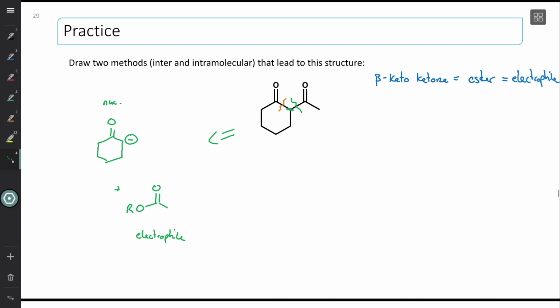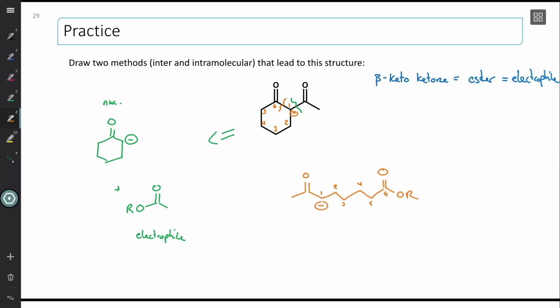If we're breaking here, this is our nucleophile here. Let's try drawing that. So on one side, it's the methyl group, and on the other side, it's the nucleophile that was there. But now, from here, 1, 2, 3, 4, 5, 6, we have to go, this is still attached, even though we broke at the orange line, 1, 2, 3, 4, 5, 6. Right, 1, 2, 3, 4, 5, 6.